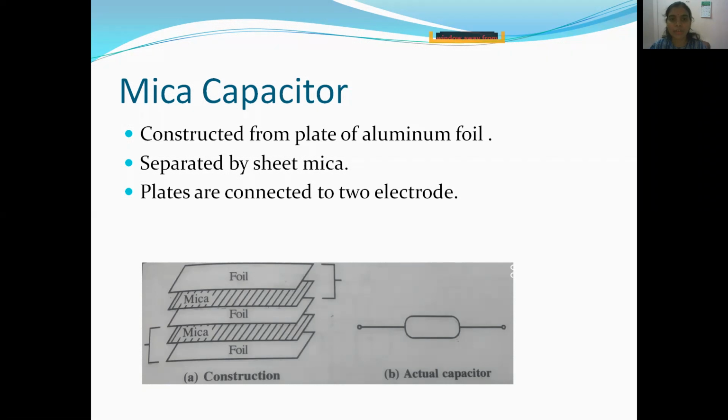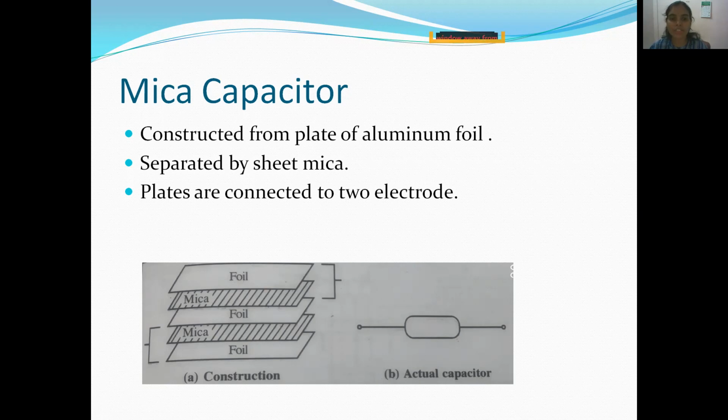The entire unit is enclosed in a plastic case to protect it from mechanical damage and moisture. The terminals are connected at each end of the mica capacitor.